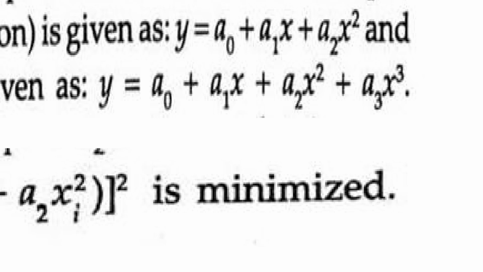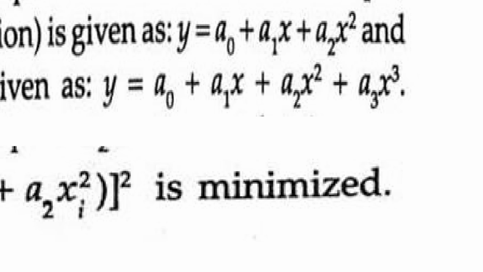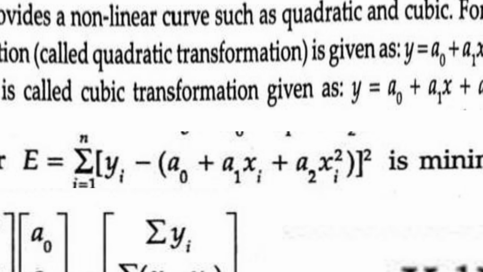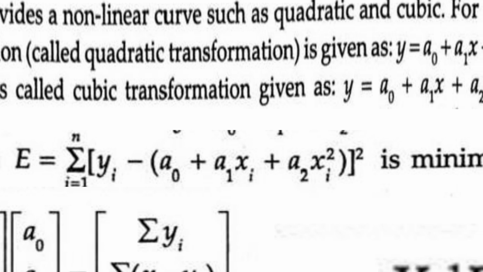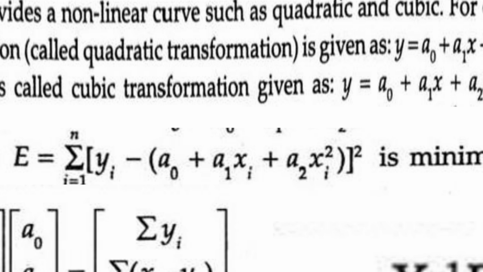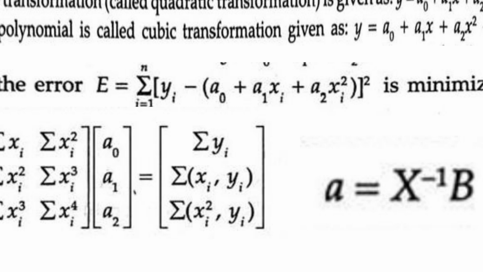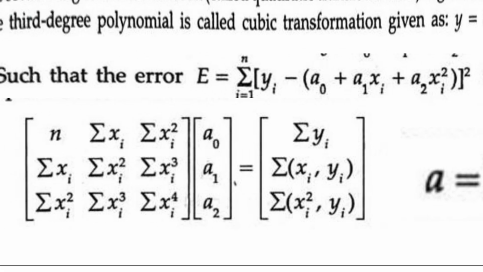The degree is 3, because the highest exponent of x is 3. In all these cases, our main intention is to reduce the error. Error can be computed as usual: y actual minus y predicted.